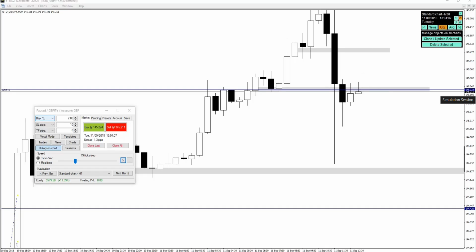Because right now, this is a support, and this candle, when it came down, broke through this support but closed above the support. The next candle broke through the support and closed below the support. The candle after that closed bullish, but it closed below the support.